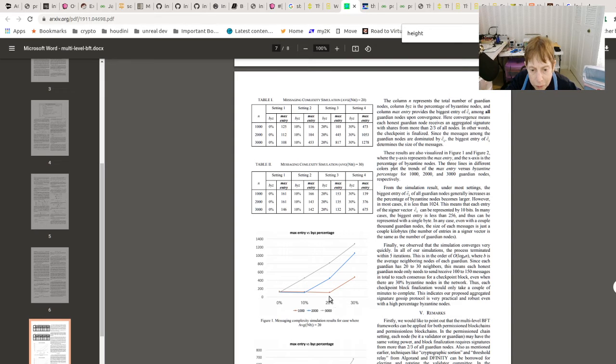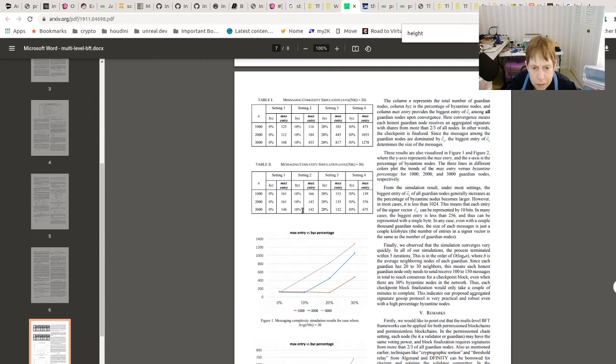But what's interesting is if you have 1,000 nodes, you can have 20% bad nodes, and you don't get a huge increase in messages.